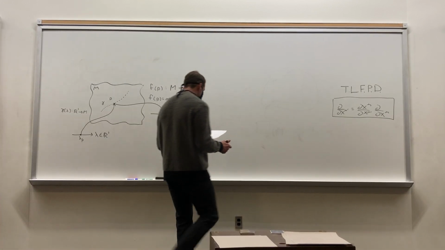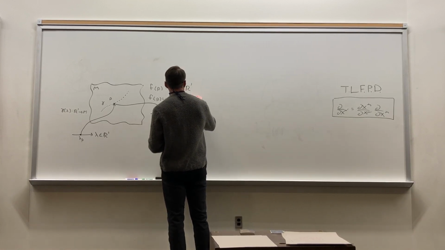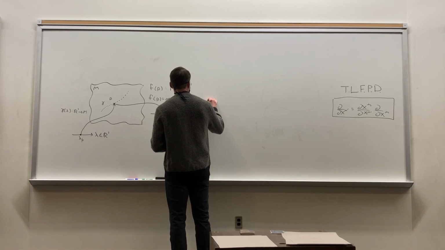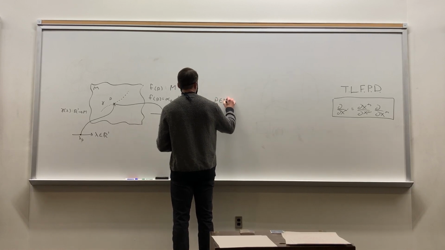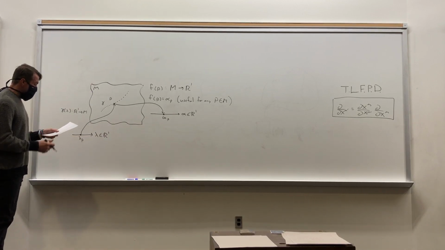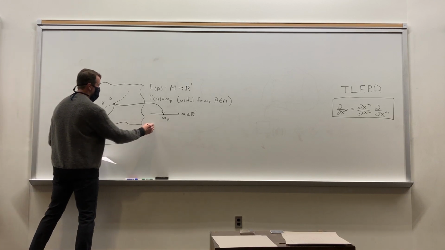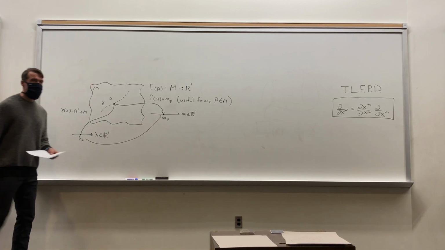Now, useful for any point on the manifold. And now what we can say is, okay, what about mapping straight from here to here? What does that look like?